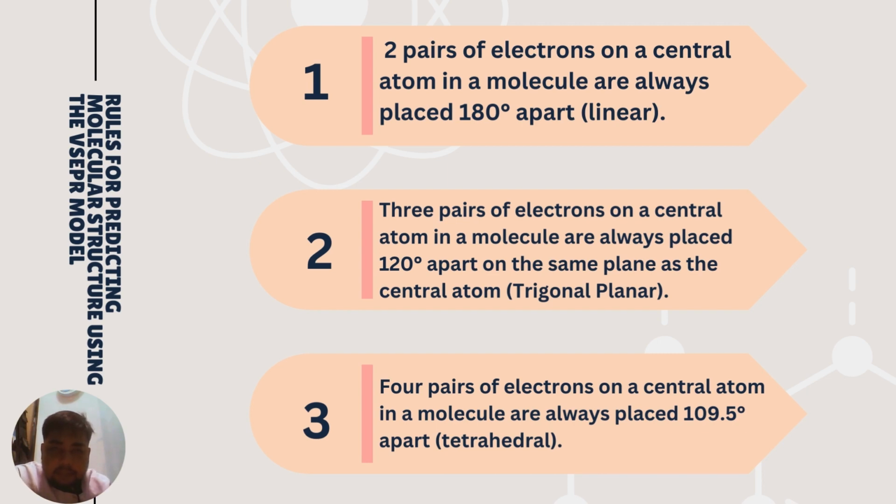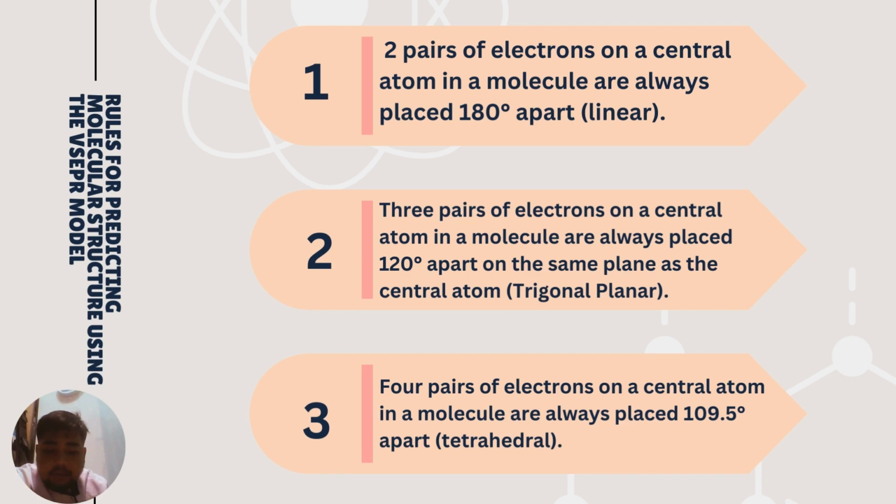Second, three pairs of electrons on a central atom in a molecule are always placed 120 degrees apart on the same plane as the central atom. Of course, if there's a lone pair, the distance between the bonding pairs will decrease and the distance between the lone pair and the bonding pair will increase.